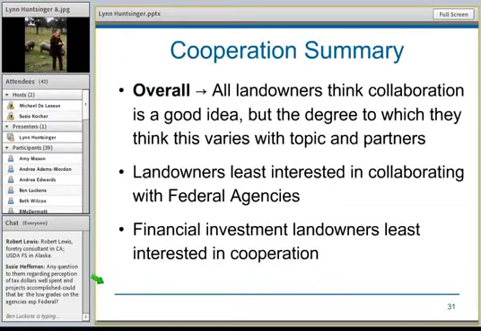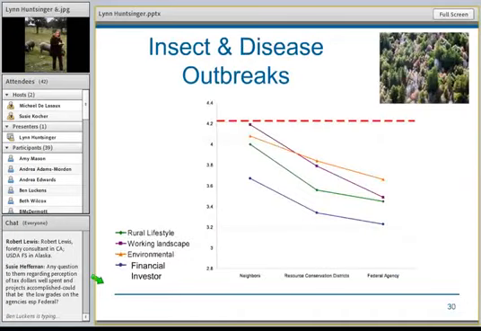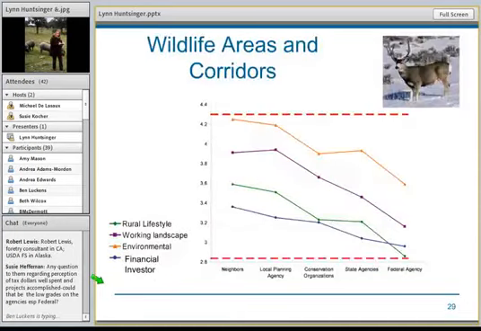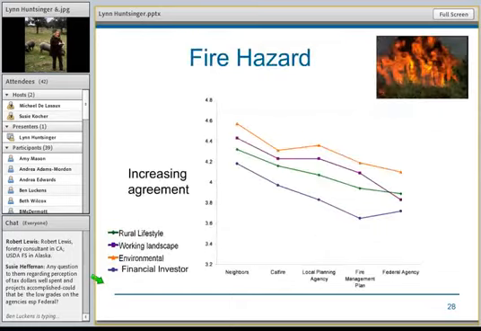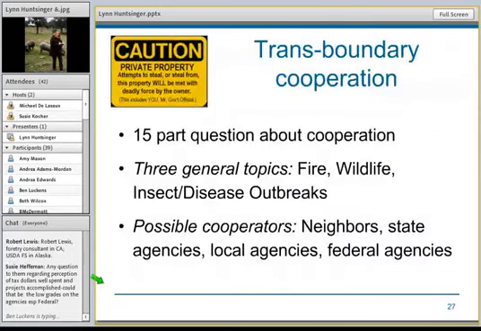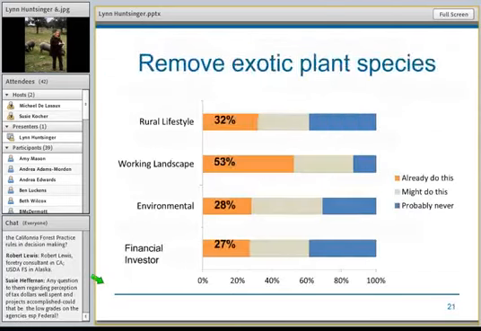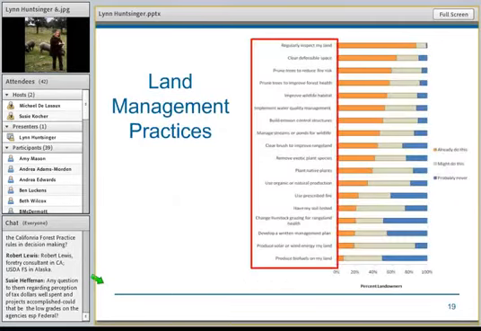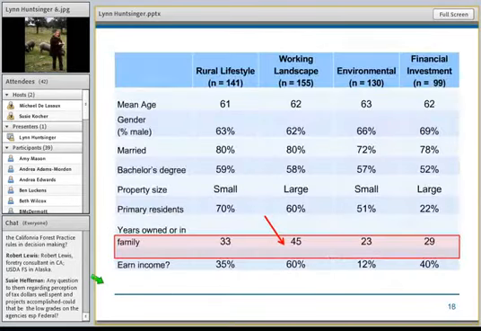So on the property size question, is it okay to go back through the slides, Susie? Sure, if you'd like to. Okay, so we didn't categorize property owners necessarily by their size of property. It's just that in the 4 groups that we looked at, the mean acres owned were different. And so we just said, well, that's large and that's small.